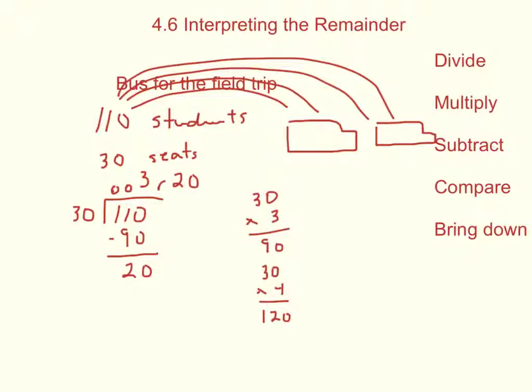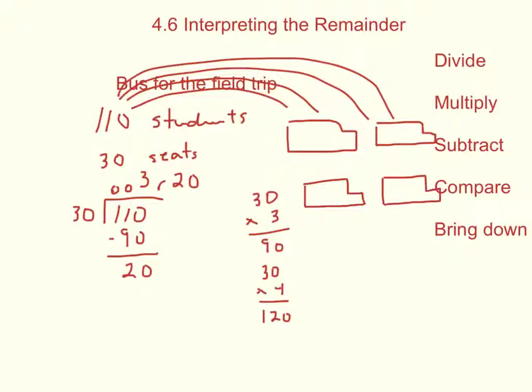So what we would do is we would get another bus. So how many buses do we need for this trip? Well, we have 3 buses that are full with 30 students each. And then with the 20 left over, we would have to get another bus. So for this, we need, those are some lovely buses, aren't they?